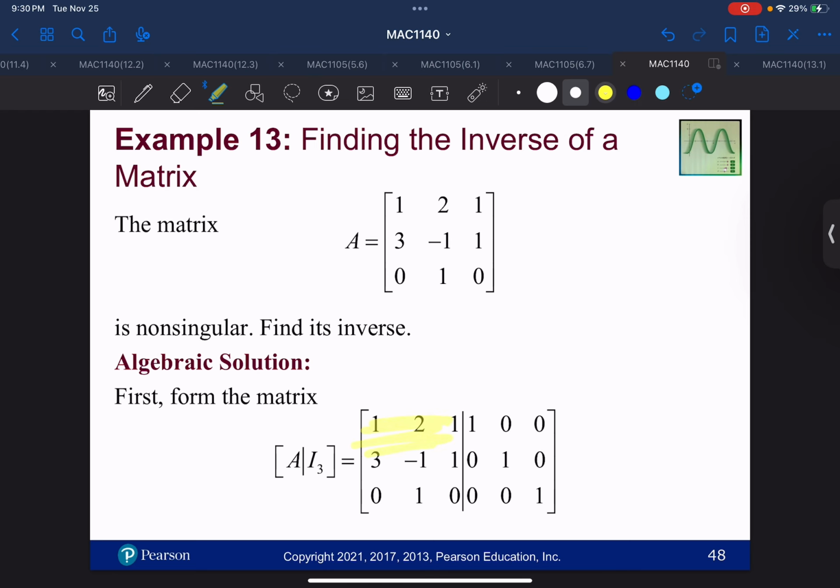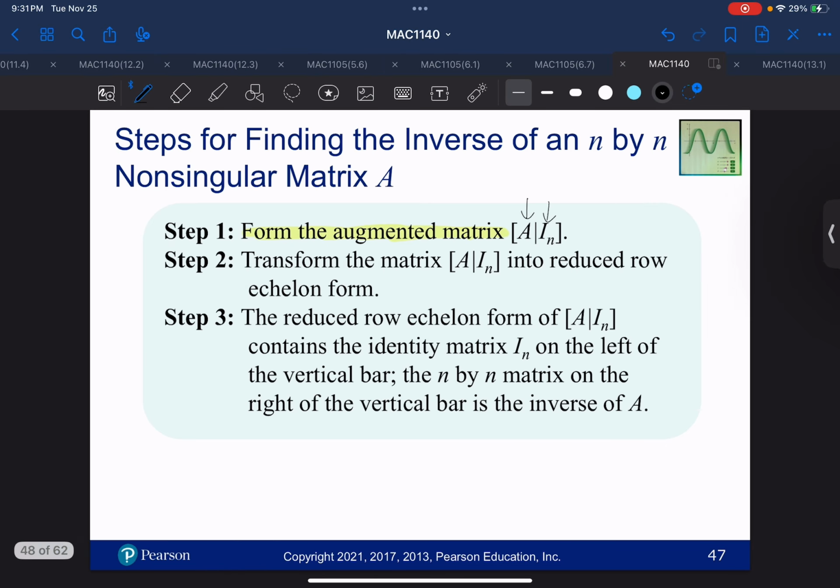So this is the entries from that matrix A up here, and then this is the 3 by 3 identity matrix. This is that notation here. So that's the first step. The second step is to use row operations to transform this matrix into reduced row echelon form.